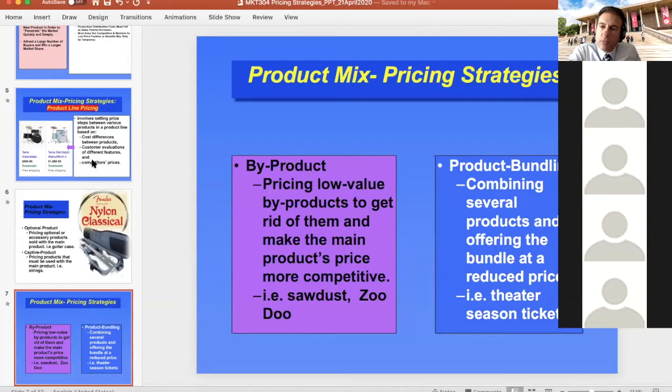And then byproduct pricing is the idea that you can offer what's left over at a price and still make money from this. So you have a gym and it's used during the night. Maybe you could have what you could call byproduct pricing, where you could use the gym in the morning for something else.